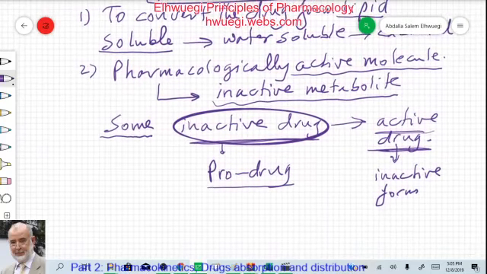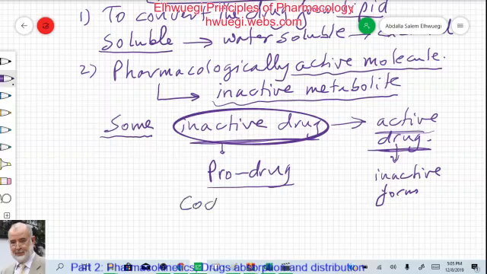We have many very famous examples about prodrugs. Most famous is codeine, which is an analgesic, well known, and also it is used as an antitussive drug. Second most famous example is enalapril.